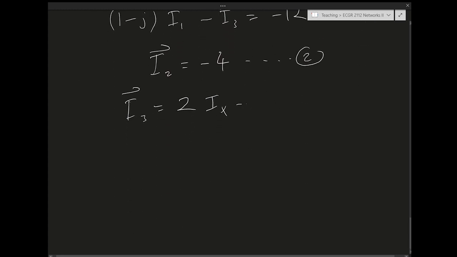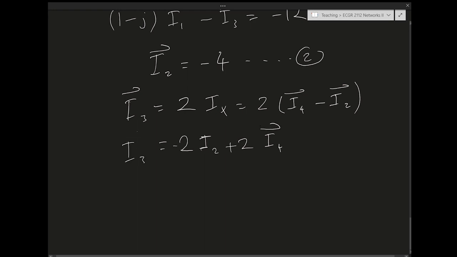So I3 is 2 times I4 minus I2, which is minus 2I2 plus 2I4. But I already know what I2 is.